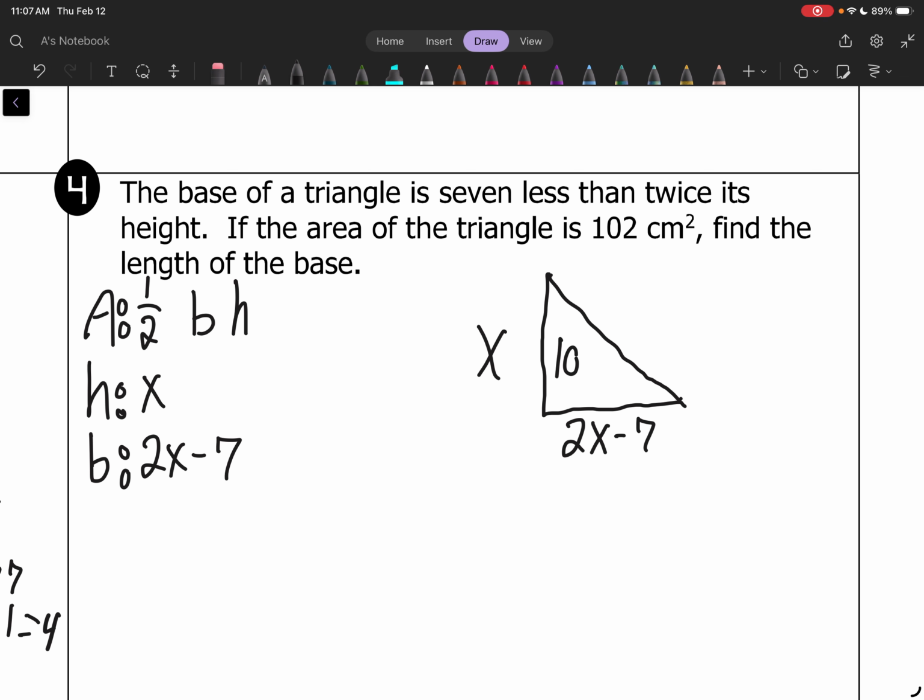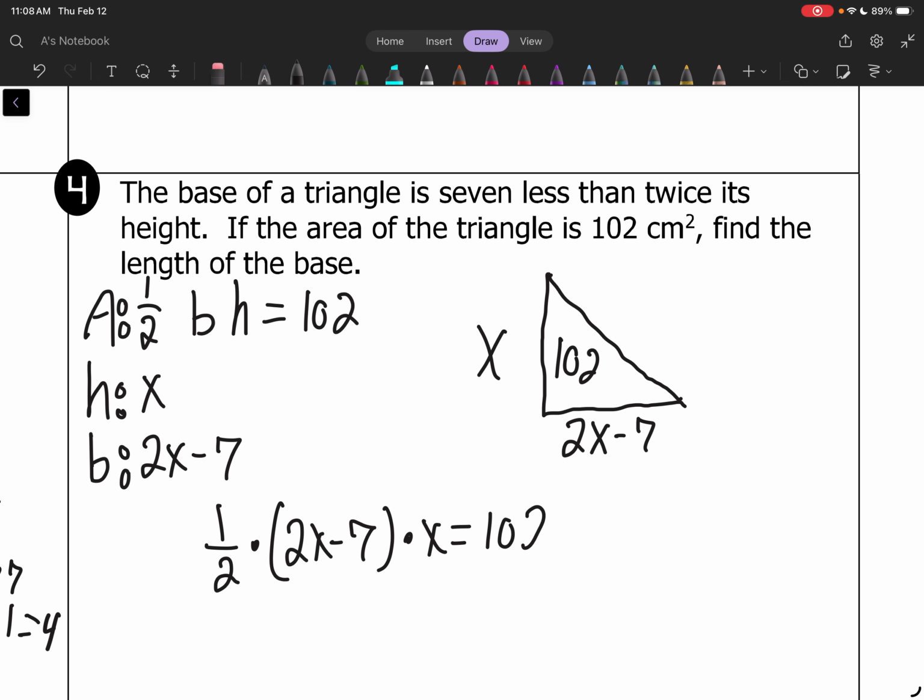And the area is 102. Plug in my base and height. 1/2 times 2x minus 7 times x equals 102.